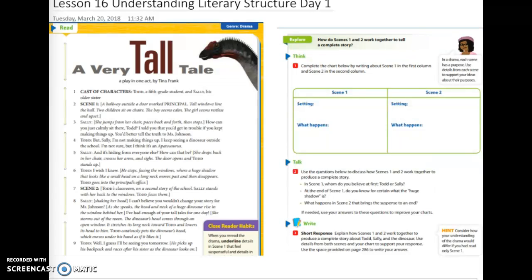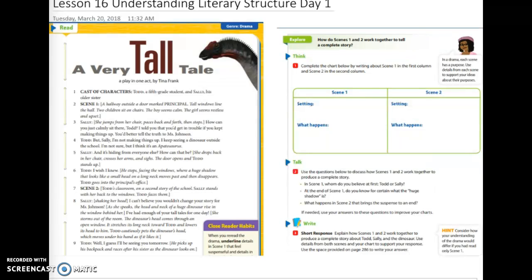We're going to look at our questions before reading. Number 1 says, complete the chart below by writing about scene 1 in the first column and scene 2 in the second column. We're going to be looking at the setting and what happens in both scene 1 and scene 2. Number 2, use the questions below to discuss how scene 1 and scene 2 work together to produce a complete story.